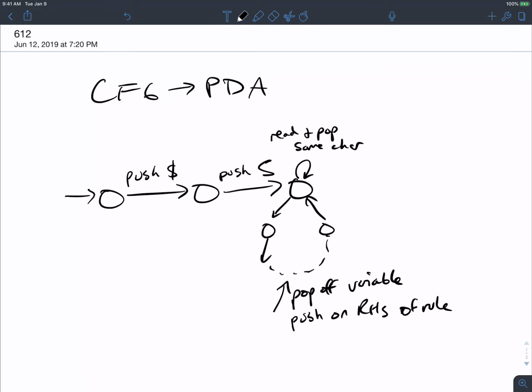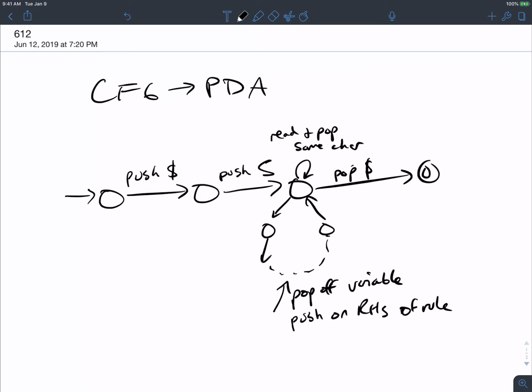Because if we saw a variable, since we're doing the derivation on the stack, we put the right-hand side of the rule on. And then at the very end, we pop off the dollar sign, the same special character, to go to a final state and accept. So therefore, PDAs recognize the context-free languages.